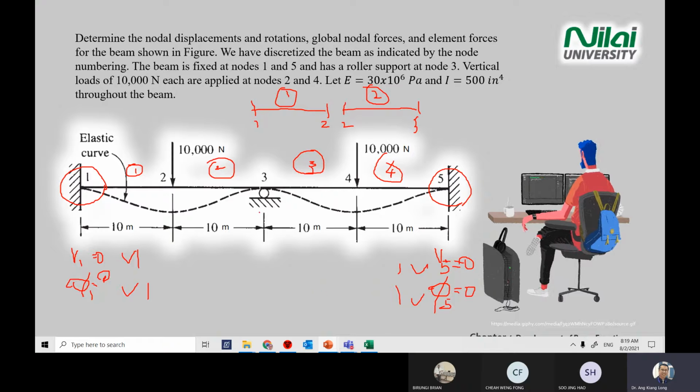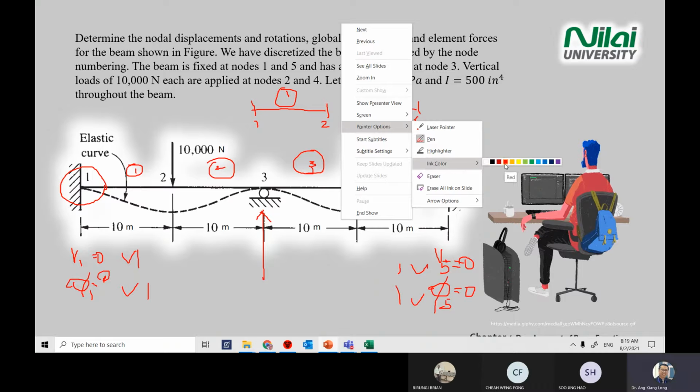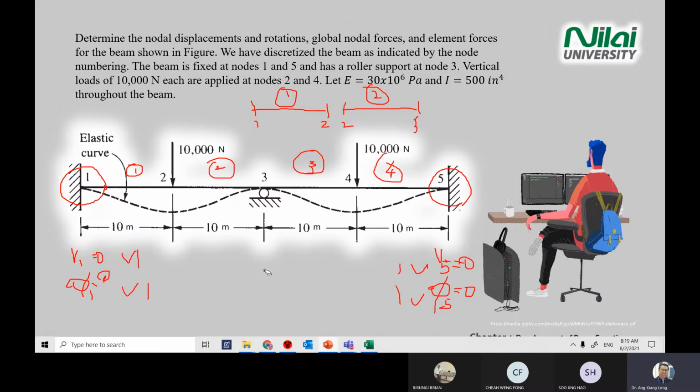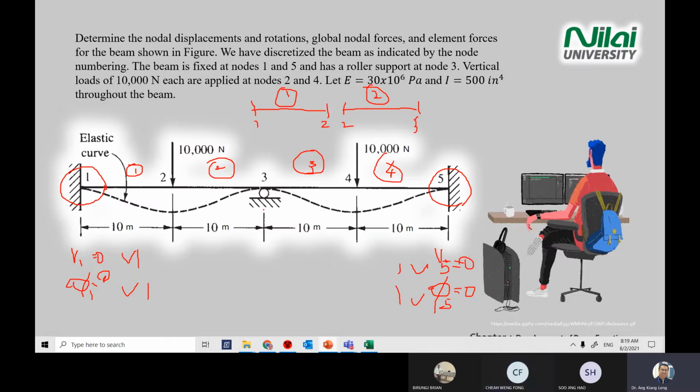Okay, now what about point 3, Chia? What is the displacement you have at point 3? What do you think? I mean in the displacement dimension. There's one more point that you can score from point 3. V is 0.